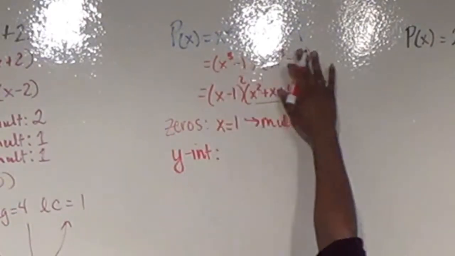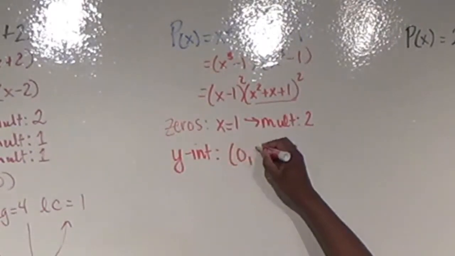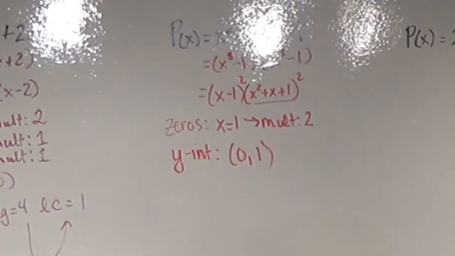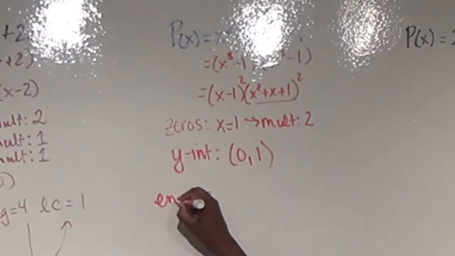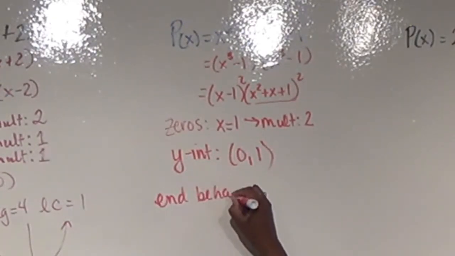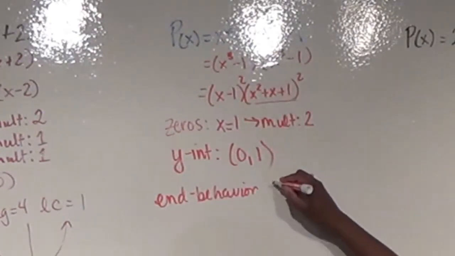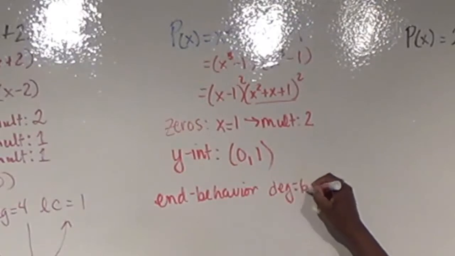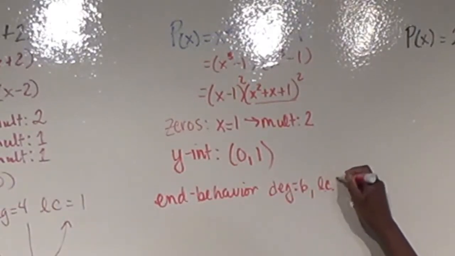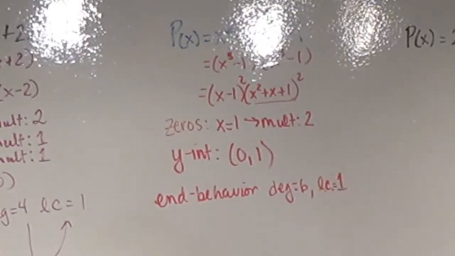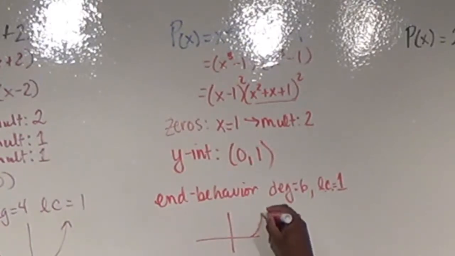So if I plug in x equals 0, we can see that I'm just going to get a value of 1. Okay. And then for my end behavior, again, degree is even. My leading coefficient is positive. So here again, my end behavior is going off to the positive infinity.